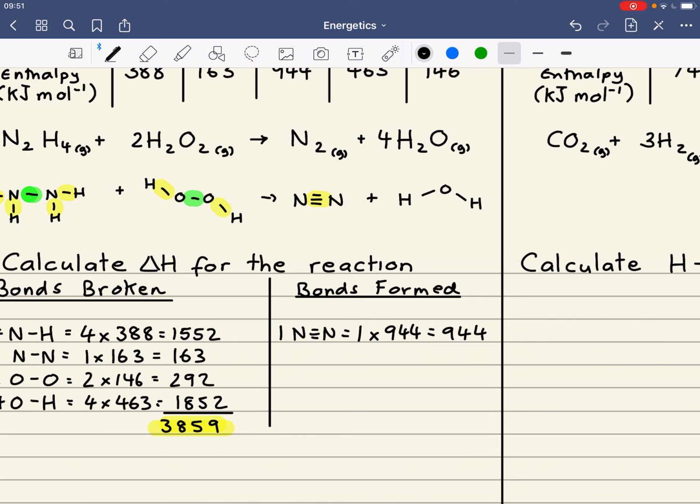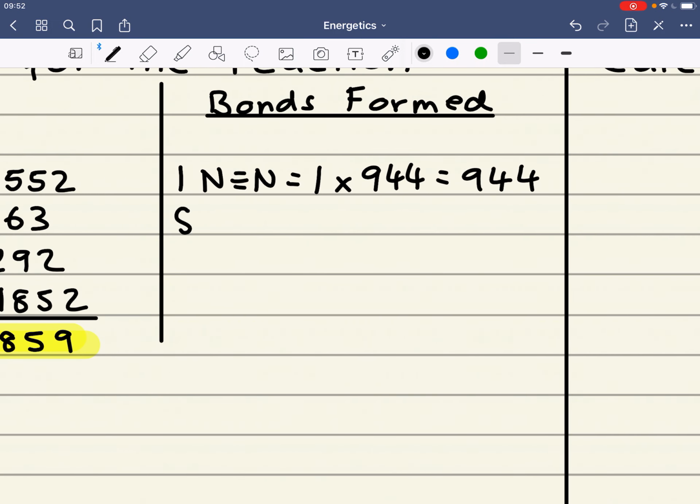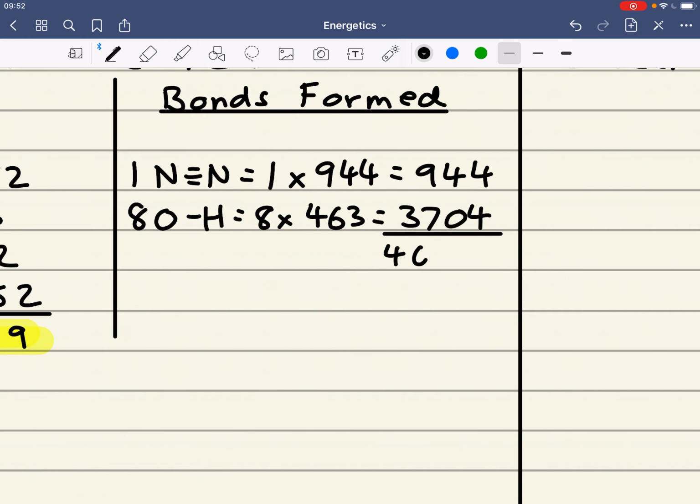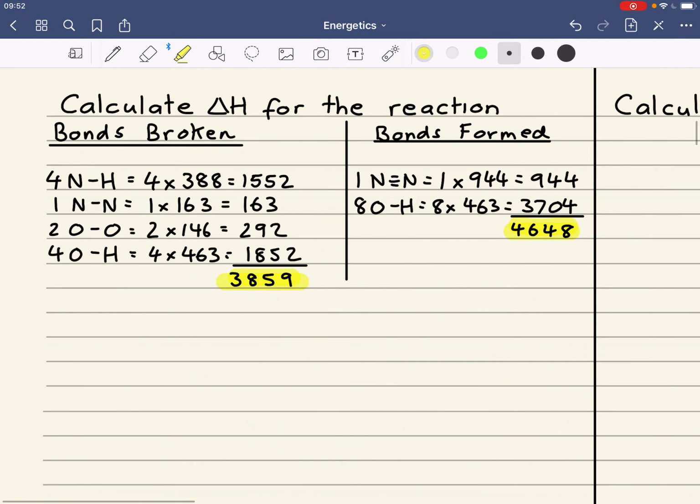And I've also now got 8 of these O-H bonds, 2 O-H bonds per molecule, and I've got 4 molecules, so that's 8 O-H bonds. It gives me 8 O-H, which is equal to 8 times 463, which is 3704. And when we add those up together, we get 4648. And again, that's likely to get you another mark in an exam.